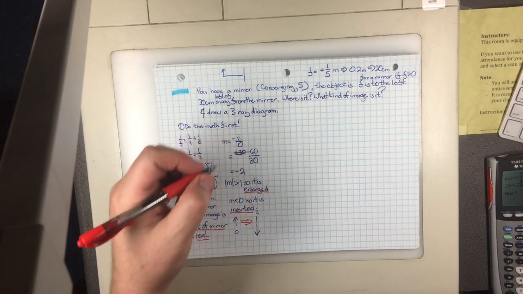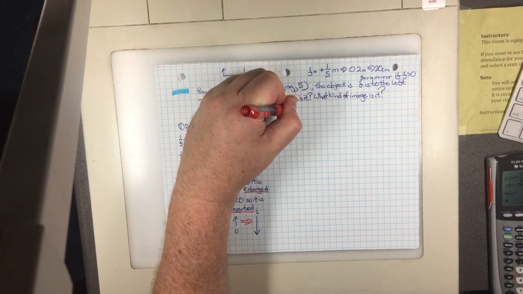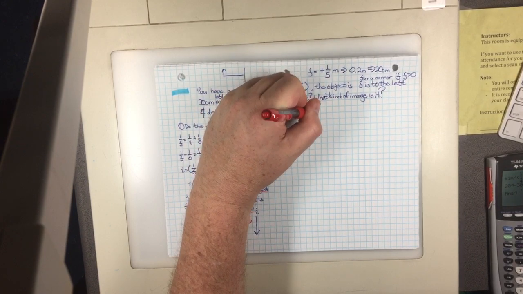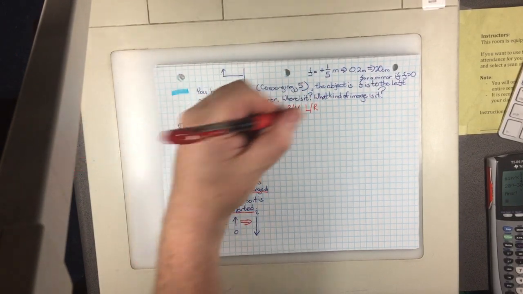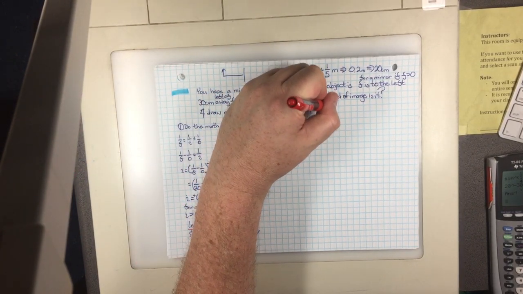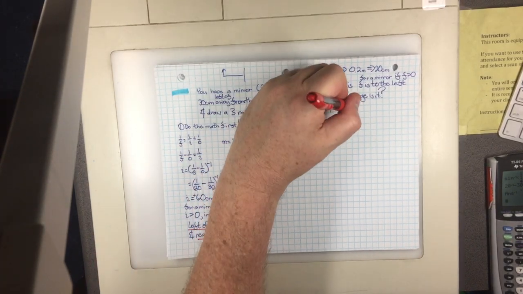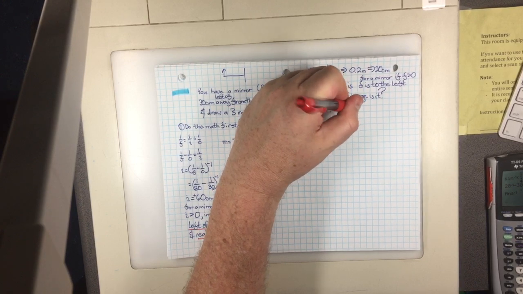When I want an image, I want real or virtual, left or right, enlarged or reduced, and inverted or upright.